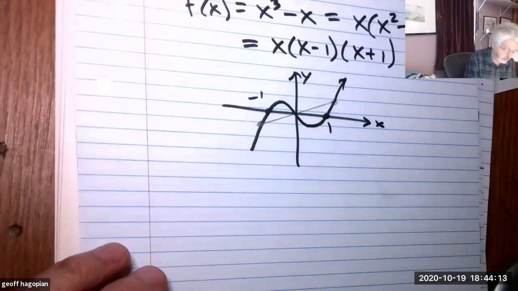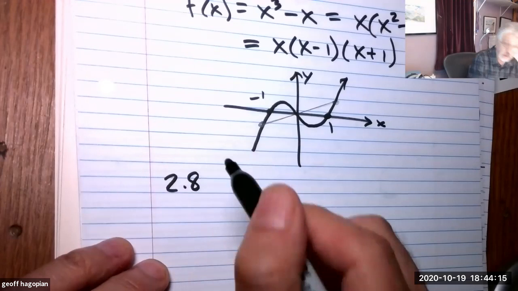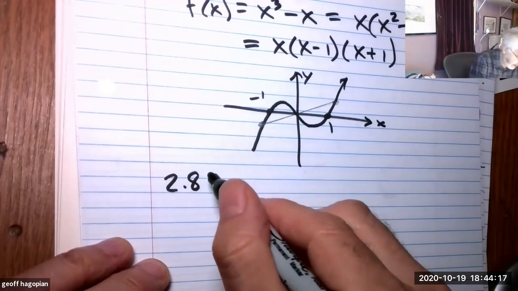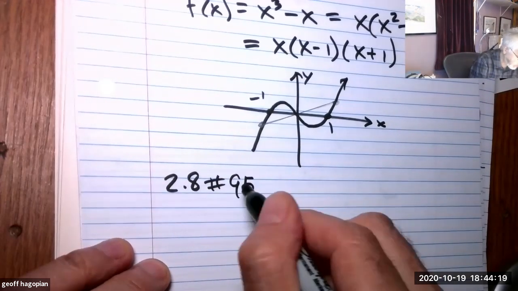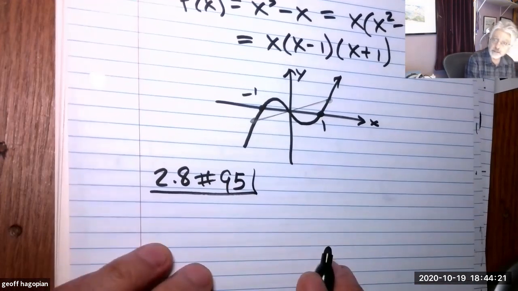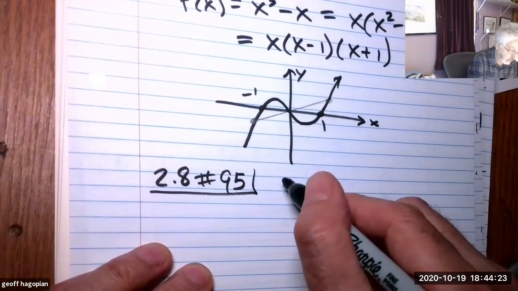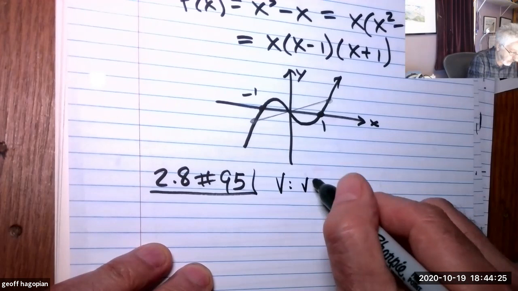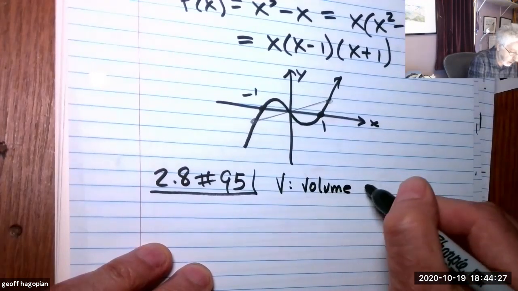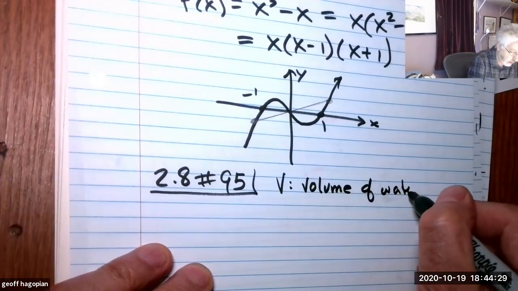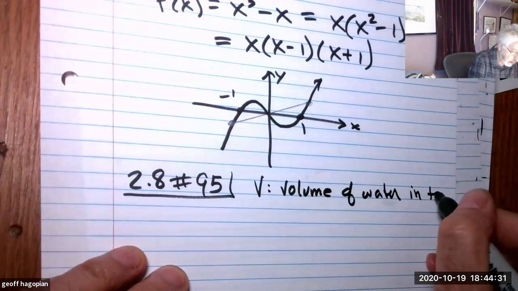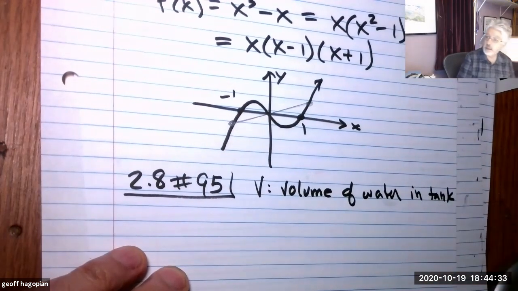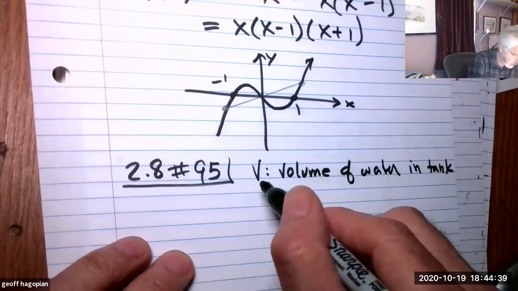So this is 2.8, number 95. And the V is the volume of water in the tank. And T is time in minutes.